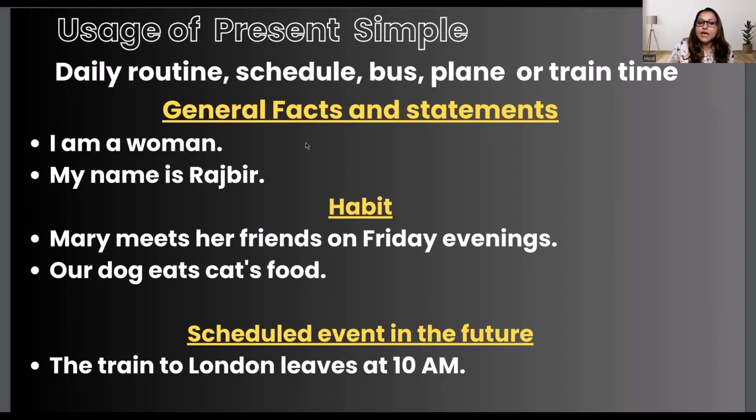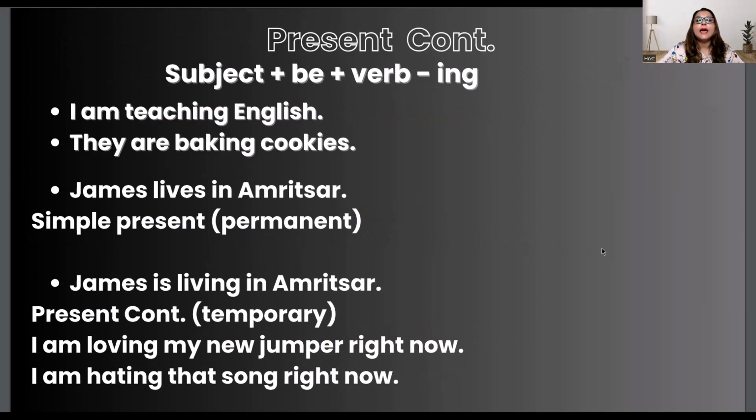Okay. And scheduled event in the future. The train to London leaves at 10 a.m. We use simple present for the scheduled event in the future. And then comes the present continuous.